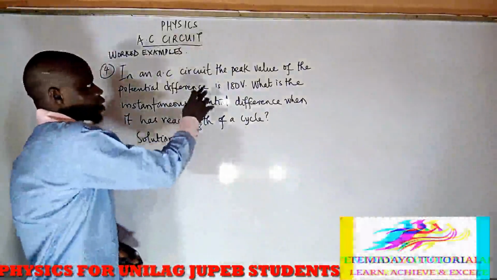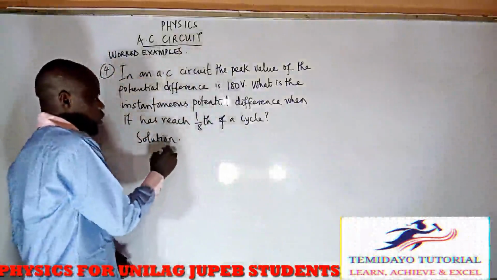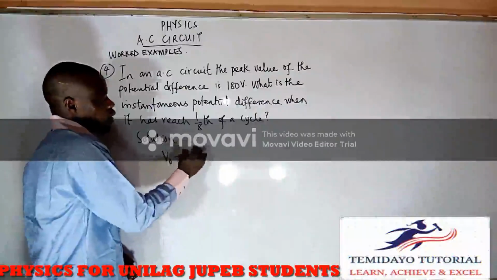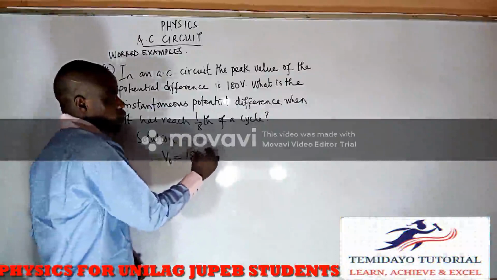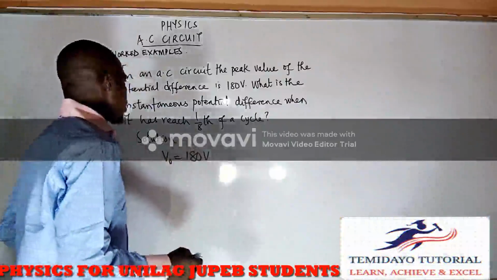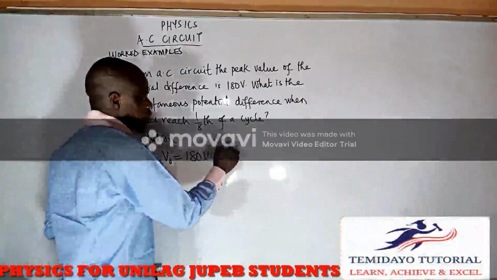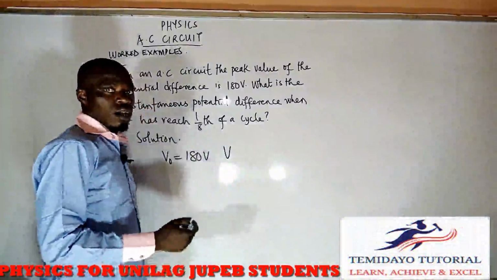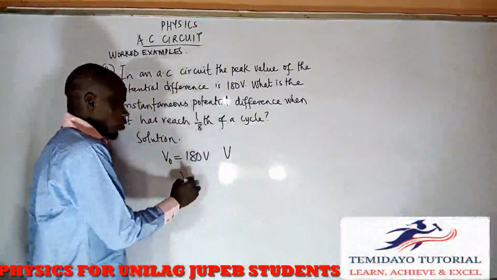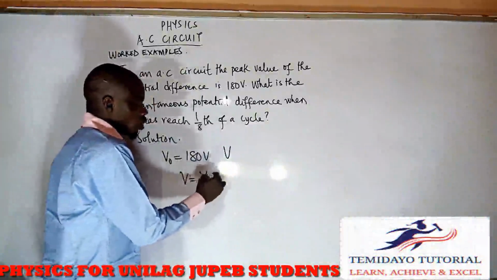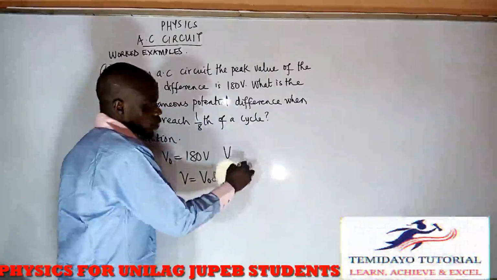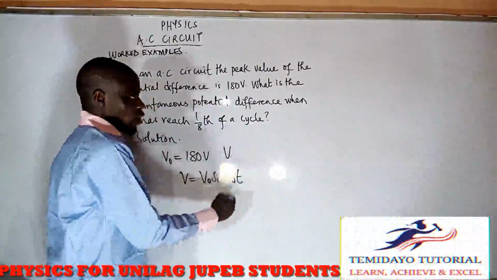We are given that the peak value of the voltage, that's V0, is 180 volts. Now what is the instantaneous potential difference? That's the V. Now from here we have established the fact that V is equal to V0 sine omega t. Omega t is our phase angle.